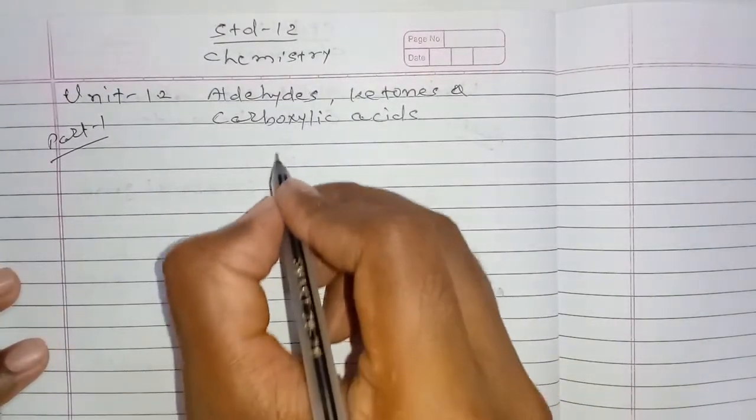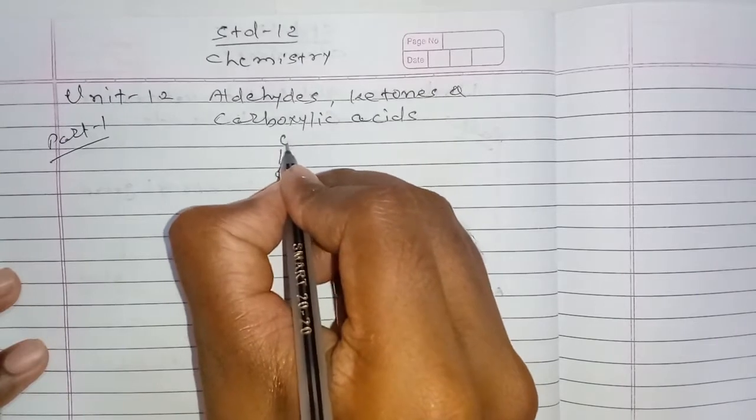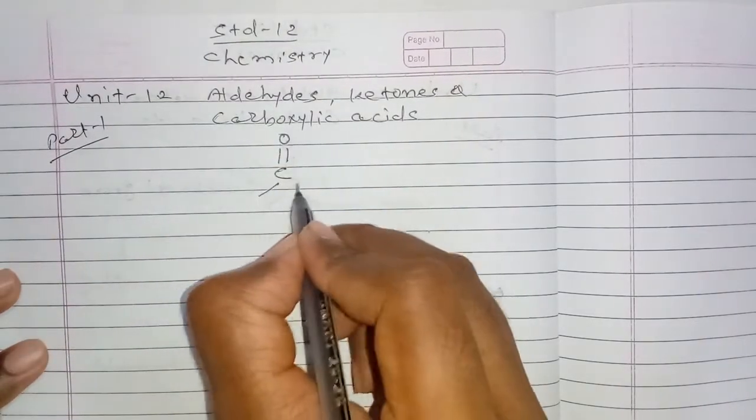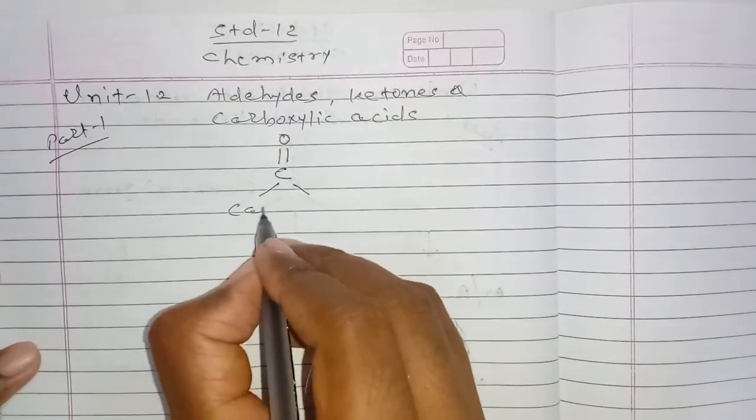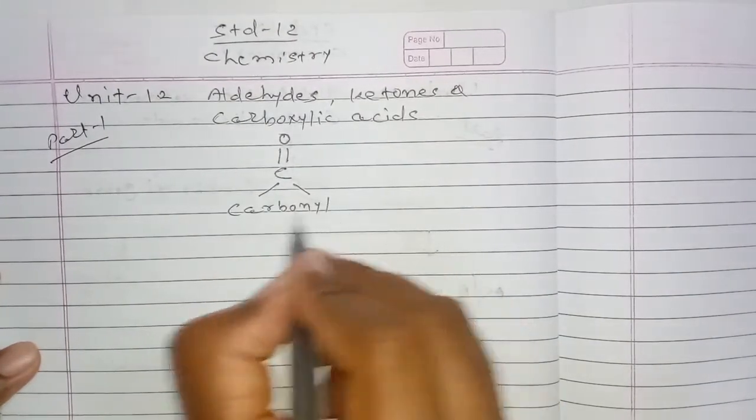Carbon is bonded with oxygen with a double bond, and it is called a carbonyl group.